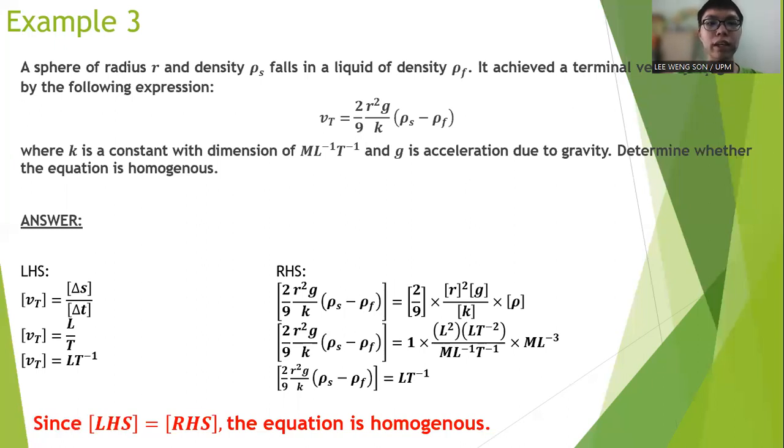Although the right-hand side of this equation is quite complicated, as long as we don't make any careless mistake during the dimension analysis, we will get LT^-1, which is the same as the left-hand side. After that, we can conclude that since the dimensions of the left-hand side equal the right-hand side, the equation is again homogeneous.